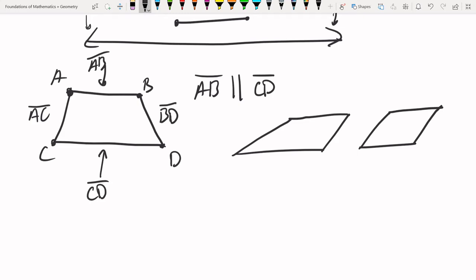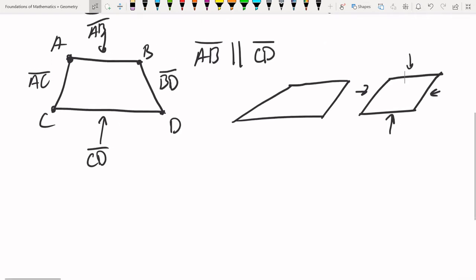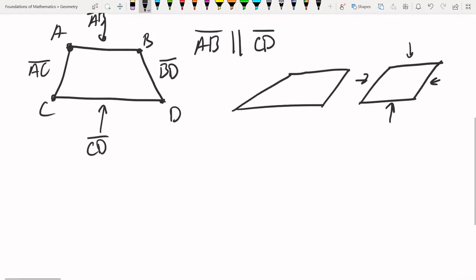That's because opposite sides are parallel. These two are parallel, and these two are parallel. This is called a parallelogram. That's where two opposite sides are parallel of a four-sided figure. We also need that opposite sides be equal in length. That's designated with these little bars here. So the two bars and the two bars are equal, and the one bars are equal as well.